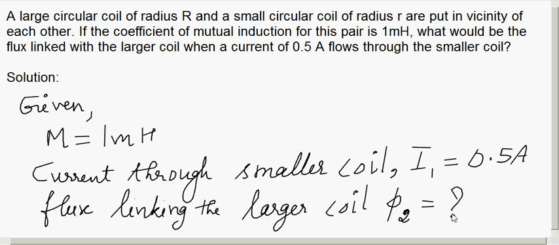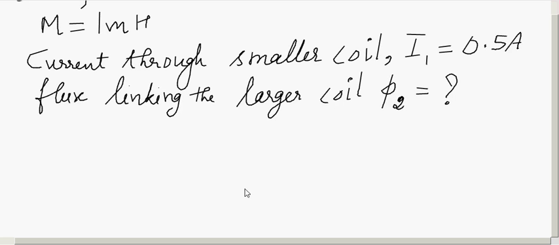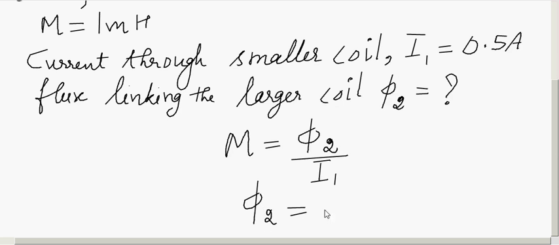Now this is a direct application of the formula. You know phi 2 is M into I1, since M is phi 2 by I1. M is 1 into 10 to the power minus 3, into 0.5.